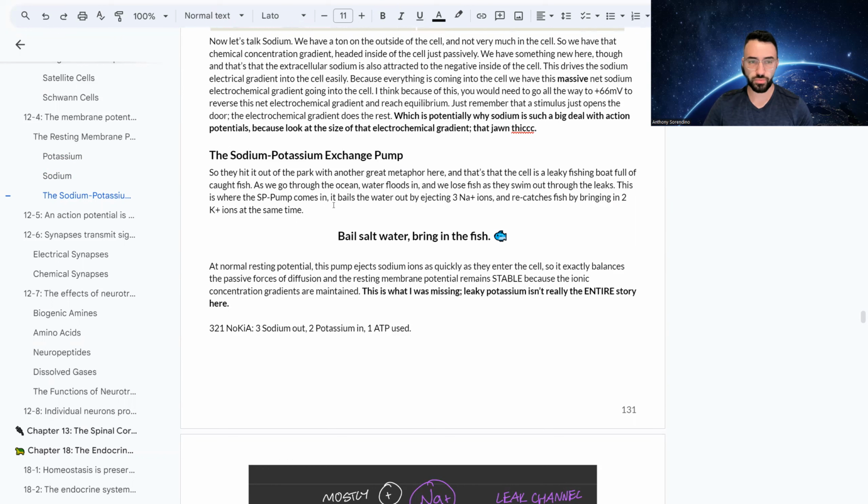This is where the sodium-potassium pump comes in. It bails the water out by ejecting 3 sodium ions and recatches fish by bringing in 2 potassium ions at the same time. Okay. At normal resting potential, the pump ejects sodium ions as quickly as they enter the cell, so it exactly balances the passive forces of diffusion, and the resting membrane potential remains stable. So it allows those 2 water slides to operate.